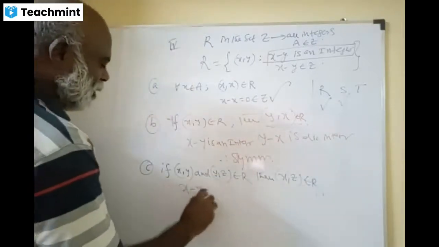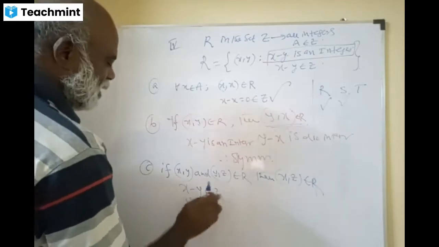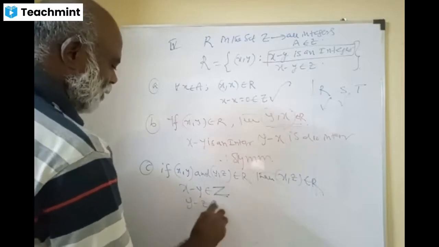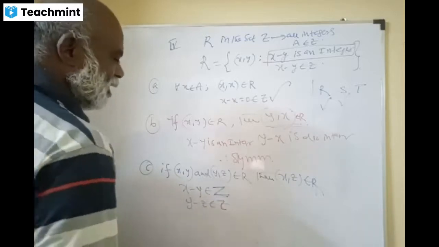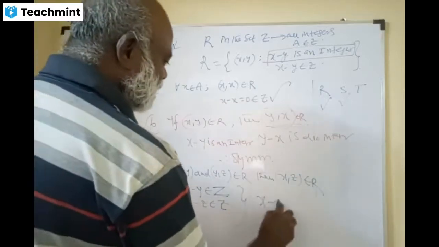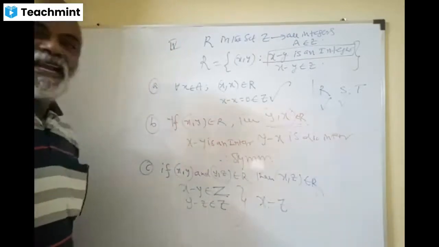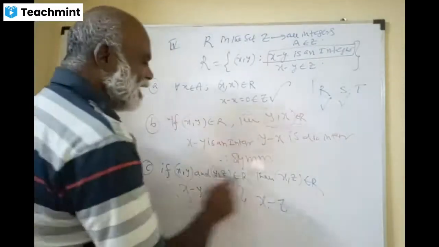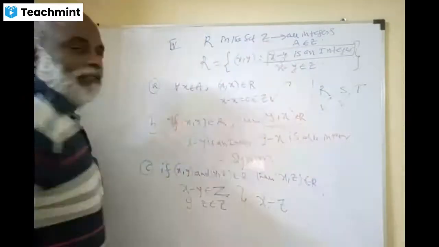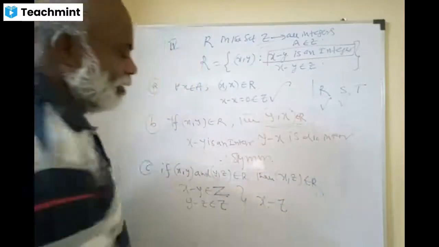X minus Y belongs to Z, and Y minus Z also belongs to Z. Now, can you tell me, X minus Z, is it an integer or not? X, Y, Z are integers, it is defined on Z. So an integer minus an integer, is it an integer or not?